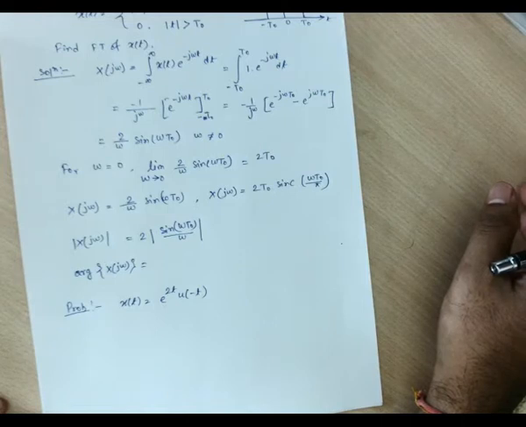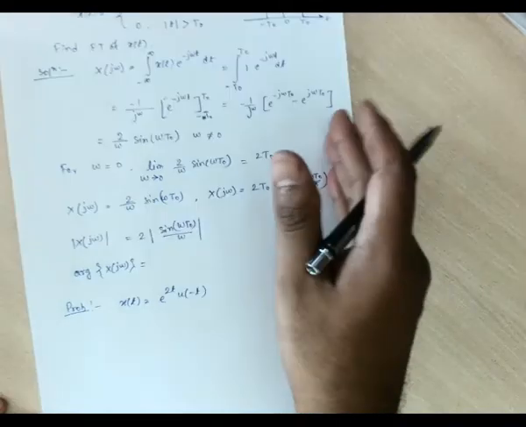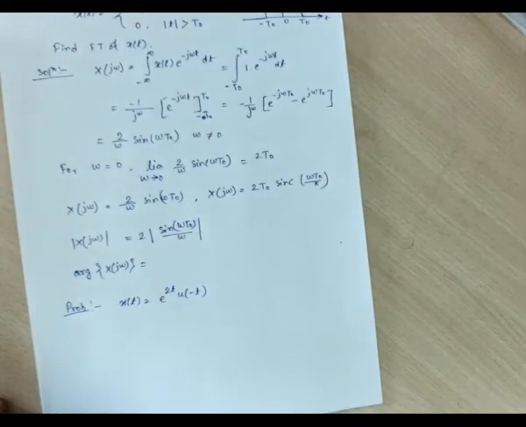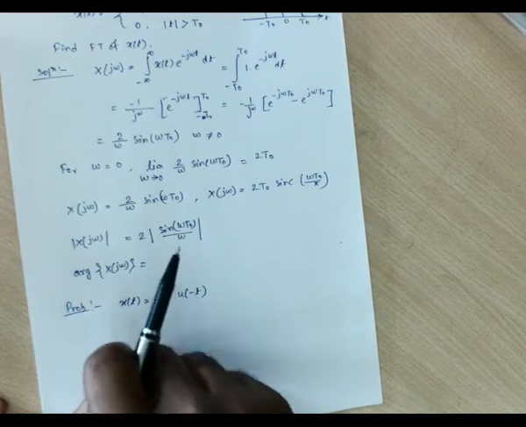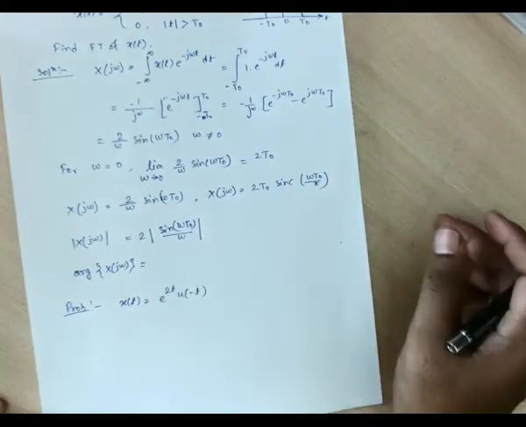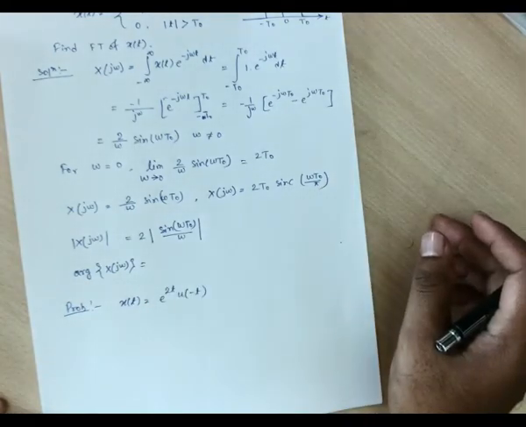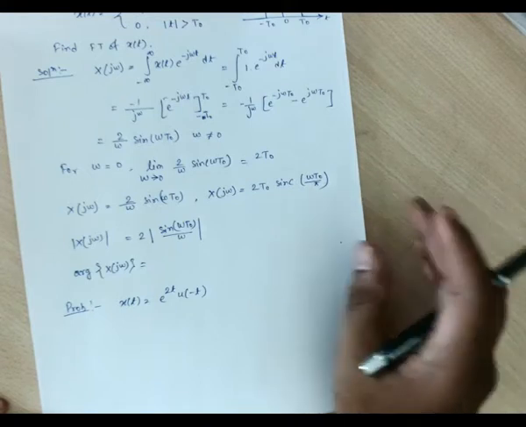If it is minus t, then it starts from 0 and goes to the left hand side, right? So we can say the integration limit is minus infinity to 0, right?